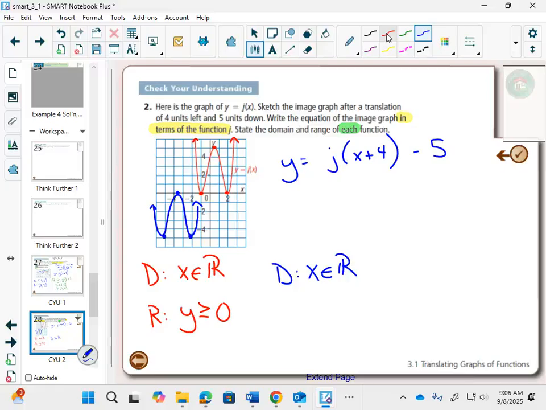So no smallest x value, no biggest x value. That means all the x values are included, so our domain is everything. When I get to the range, is there a smallest y value? Yes. There's a smallest y value at minus 5, and then it goes up forever, so my y values are bigger than or equal to minus 5.